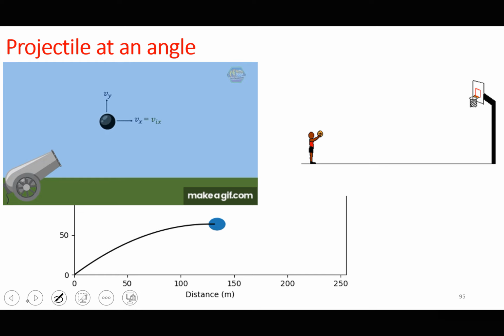Okay, so we are going to consider a body projected with a speed, say u, at an angle. Of course, one of the applications we mentioned about projectiles, we said throwing a ball, for example. These animations are demonstrating what we really understand by projectiles. So let me just talk about the first animation here.